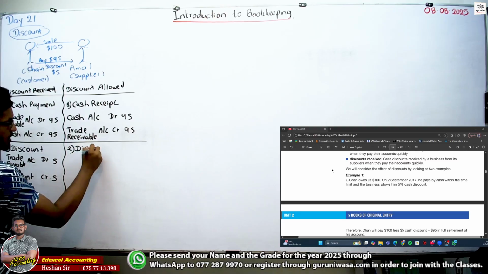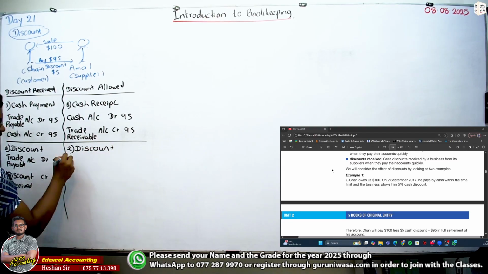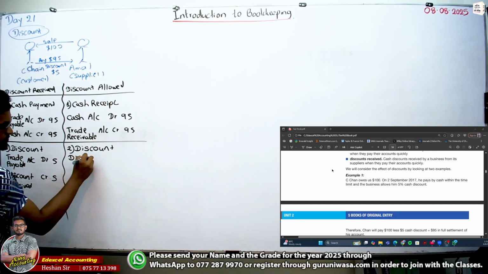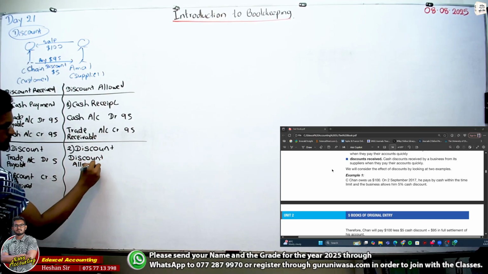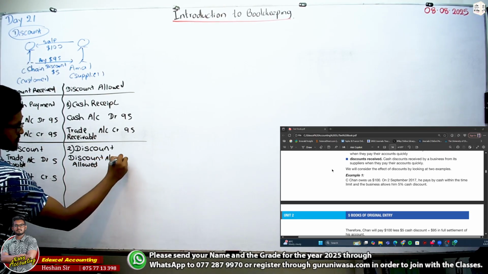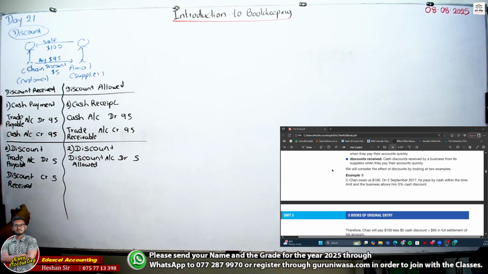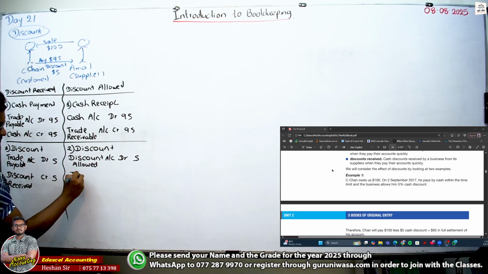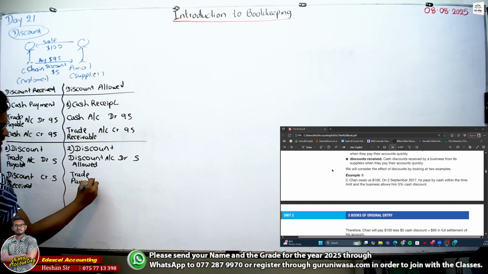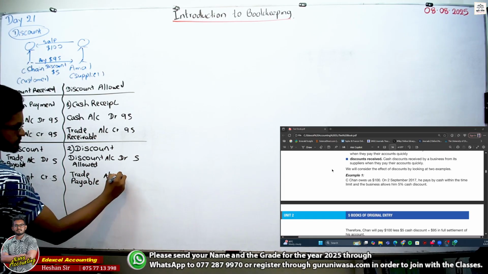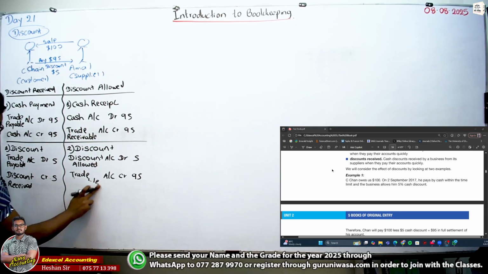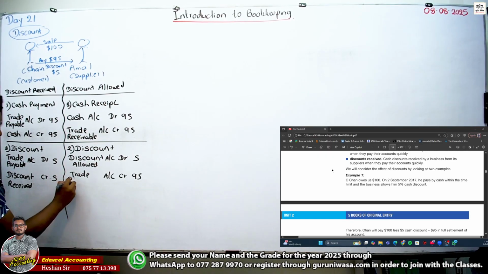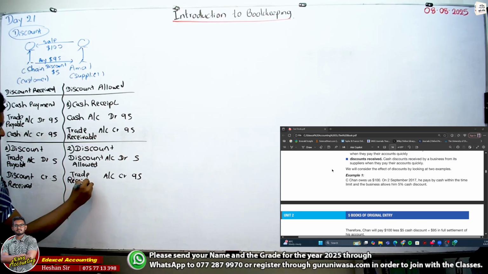then it comes to the discount allowed, debit 5, trade receivable account credit 5, because he allowed the discount, right?